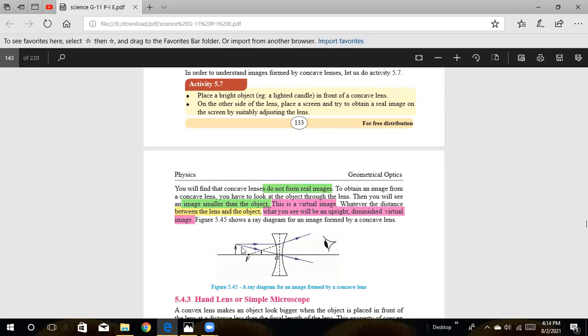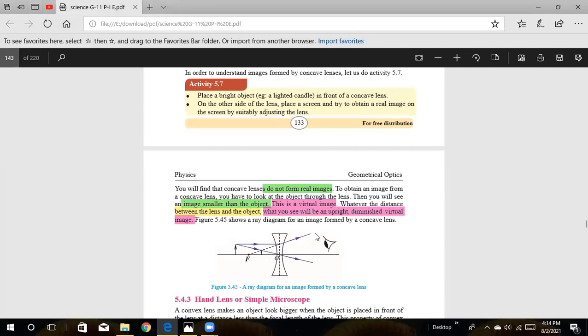The other ray comes from the top of the object and goes through the optical center without any bending, without any refraction. It goes as a straight line.